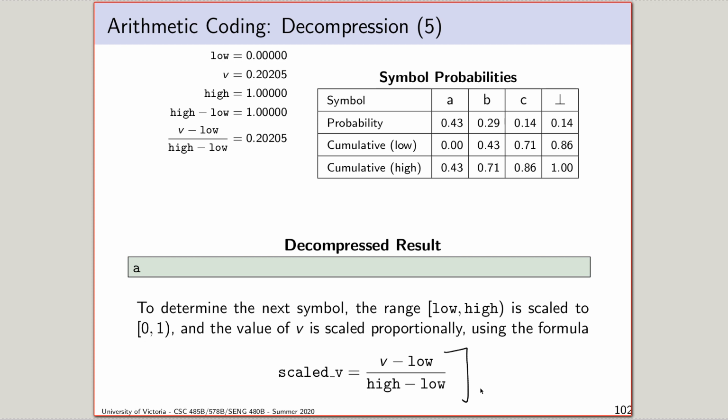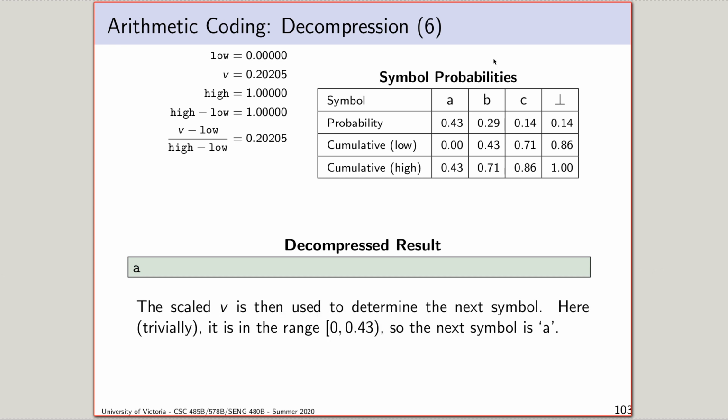It's very similar to the formula that I would use to scale the probability window of a specific symbol. So I scale the value of V. I then take a look at that and compare it to the values of this table, and I discover that it is lying inside the range for A. So that means the next character was A.